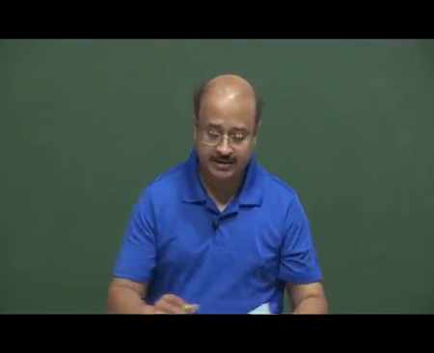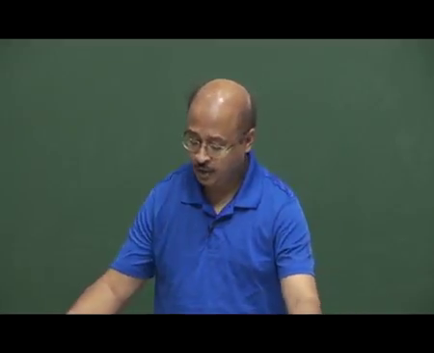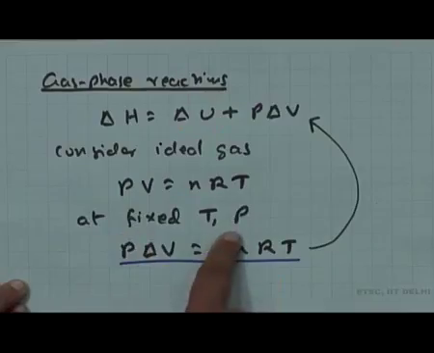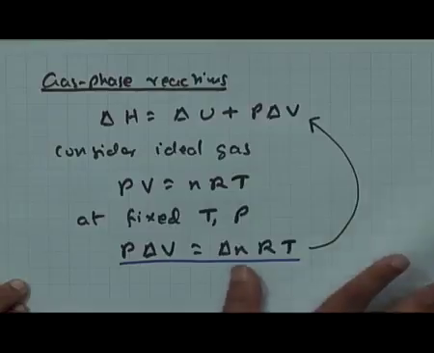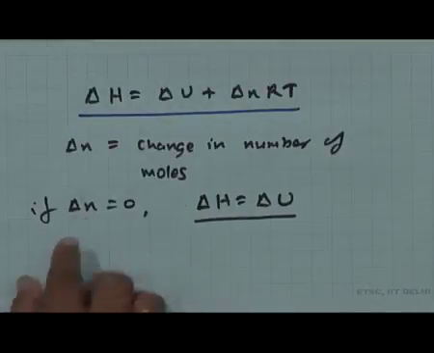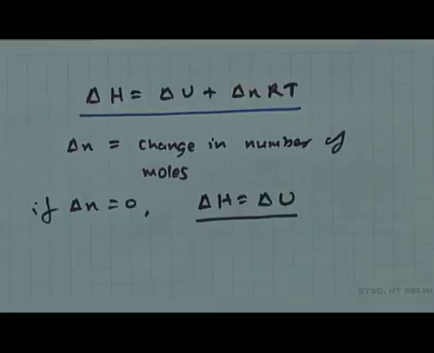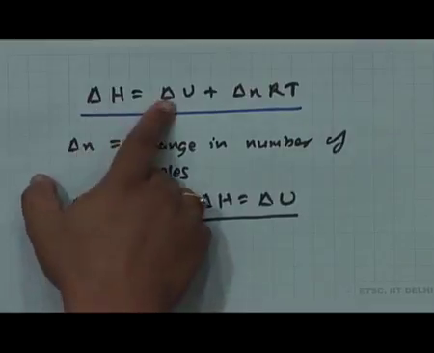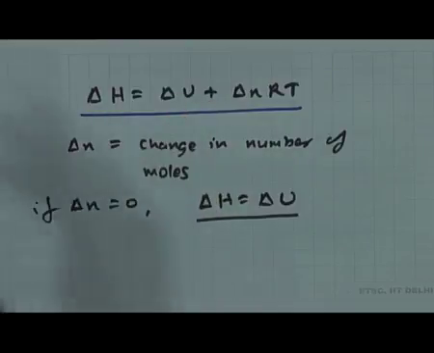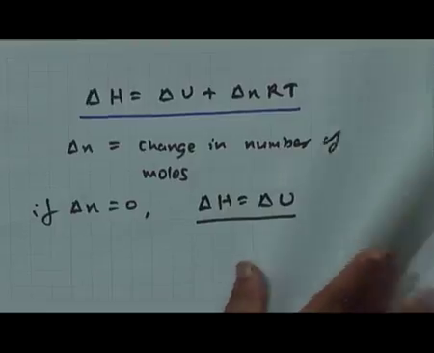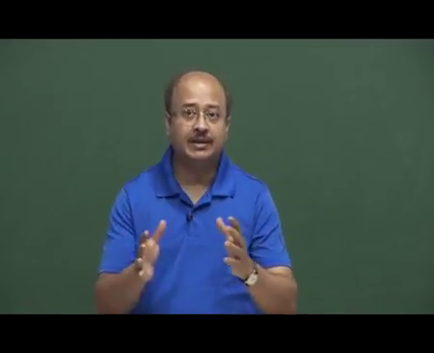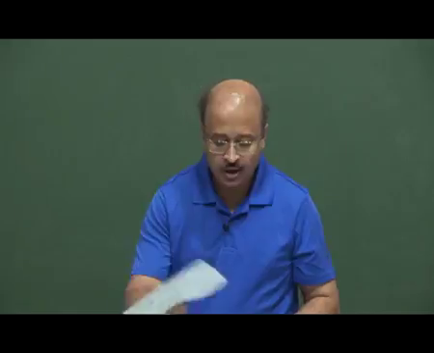However, in case of gases, as that is what we were considering, we can always say at fixed T and P we have P delta V is equal to delta n RT, and then go forward and say that if I have delta n equal to 0, then delta H will be equal to delta U. If delta n is not equal to 0, then still I know that delta H is equal to delta U plus delta n, which will have some value, times RT, and then I can always replace delta U by this delta H. Okay. So, that is how you relate these two things.